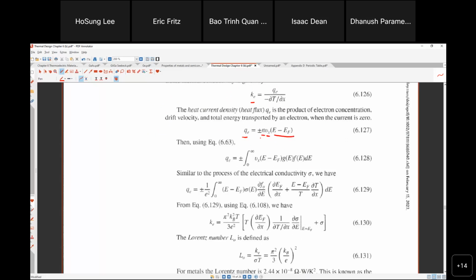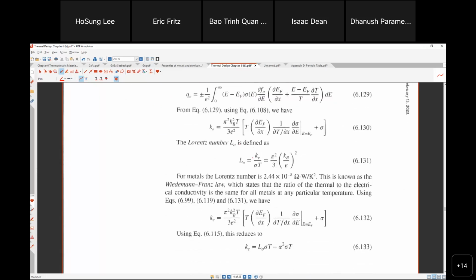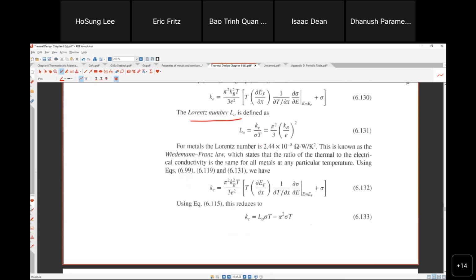It's quite simple, and I think this is very important. As long as the electron is moving, it carries energy. So we develop it the same way, and then we found the Lorentz number is the ratio of electronic thermal conductivity to electrical conductivity.